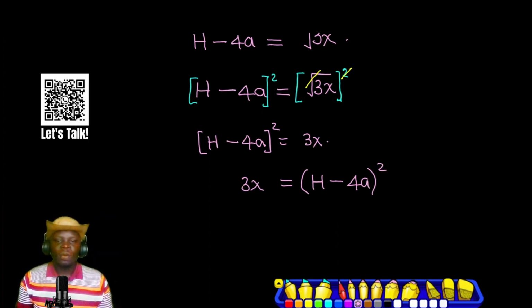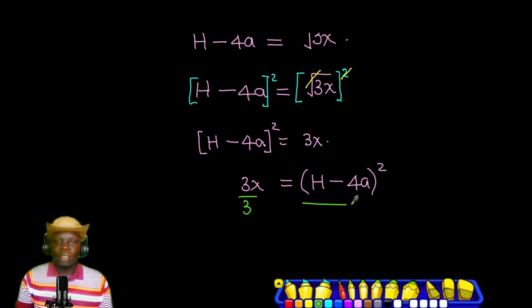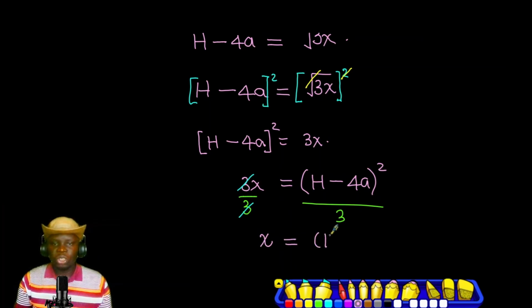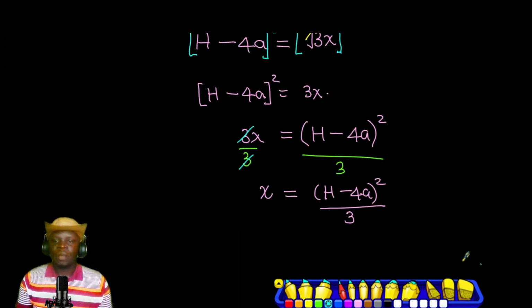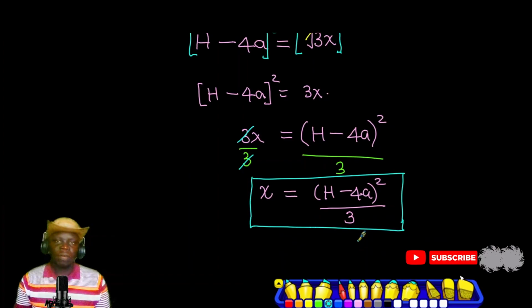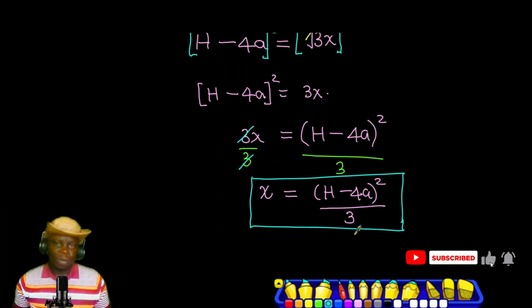Therefore, we can now divide both sides by 3, because we are interested in getting only x. Our 3 cancels off, and we are left with x equals h minus 4a squared, divided by 3. So this becomes our last expression as the answer for part D of our question.